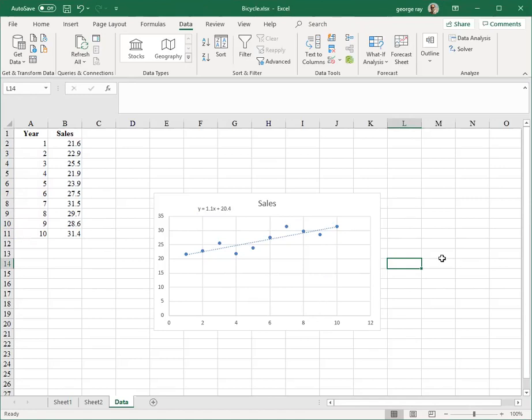Probably going to be like 32, which was the one calculated in the text. So we just substitute 11 in for X, and we get 1.1 times 11, and so that might be 12 plus 20.4, which is roughly 32.